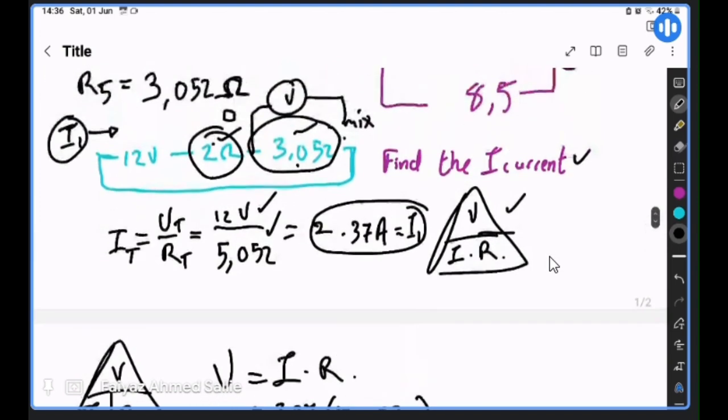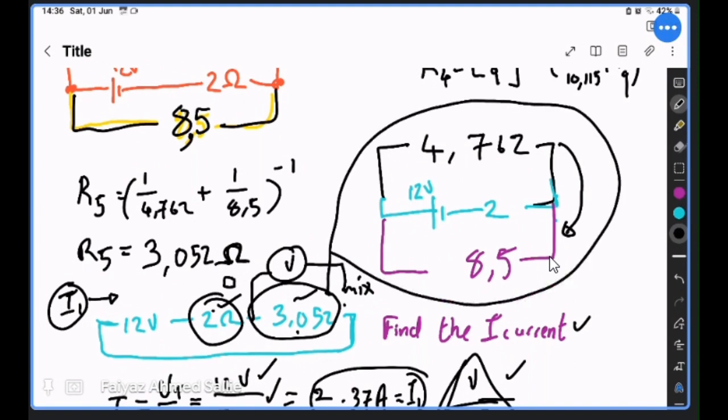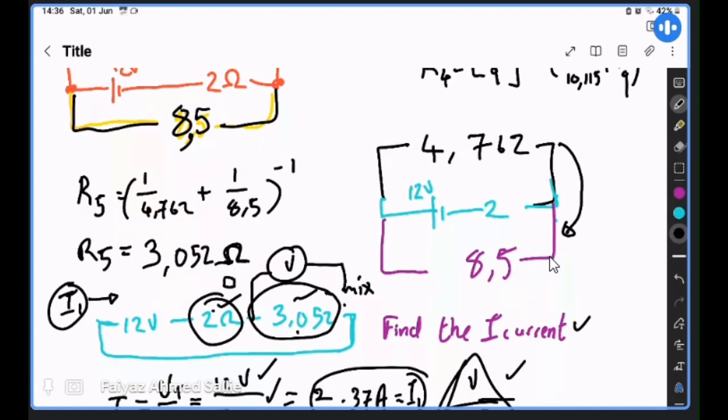So coming to our diagram, remember that this is actually representing this circuit here. So therefore, the voltage here is equal to 3.052, and the voltage here above is also equal to 3.052.